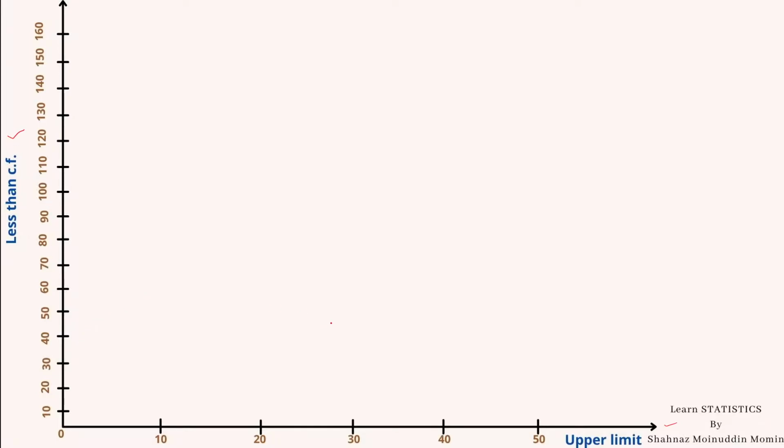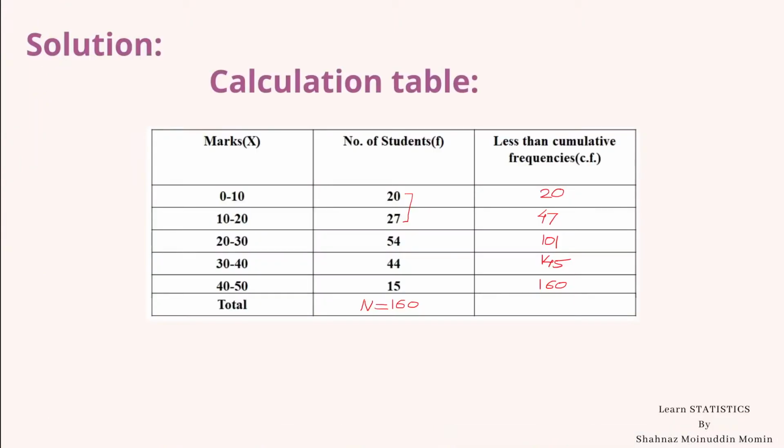Then we plot the points of upper limit against the less than cumulative frequency. So let us start with the first class. See here, our first class is 0 to 10, the upper limit of the first class is 10, and its less than cumulative frequency is 20.